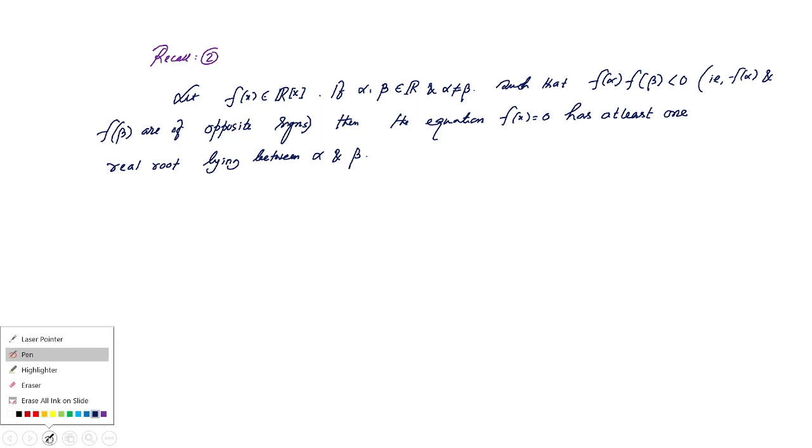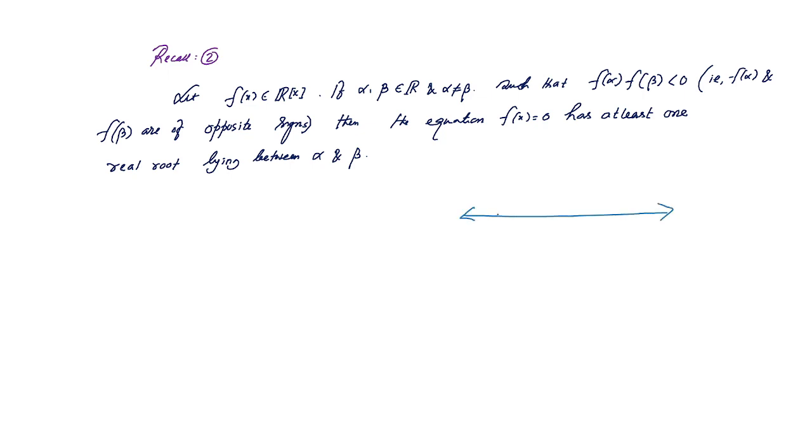So here f(x) is one kind of polynomial function, that means it is continuous. And alpha and beta are basically two real numbers. So if f(alpha) and f(beta) have opposite sign, that means it is like this. This is your f(alpha) greater than 0, this is your f(beta) less than 0.